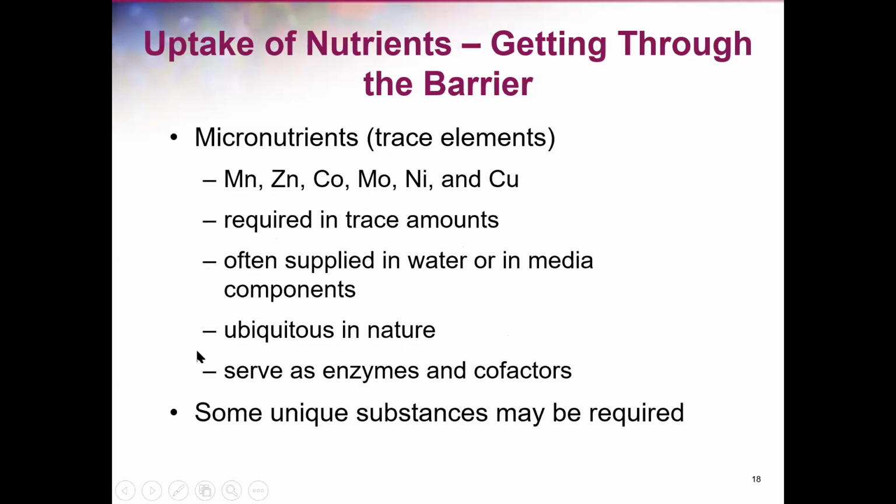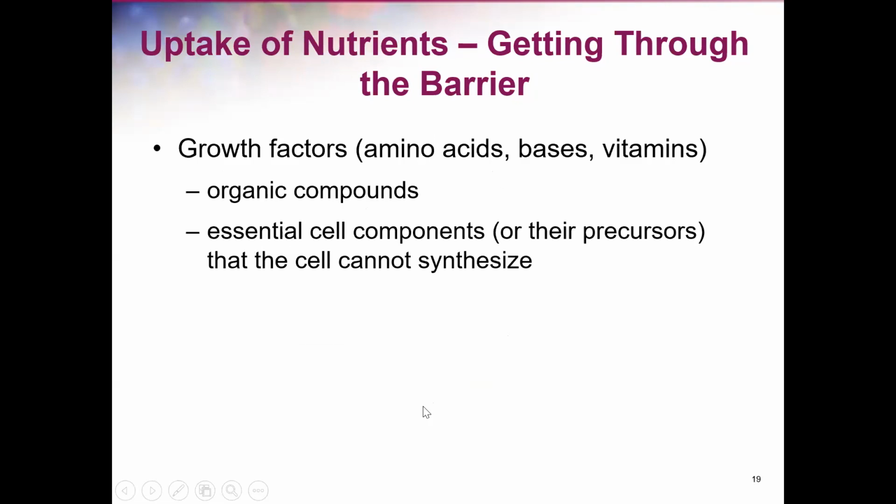The reason they need them is that they can use them as enzyme cofactors, especially iron. We know humans need iron too, because of the red cells. Then there are also growth factors.